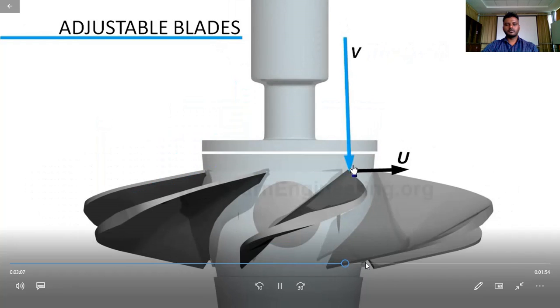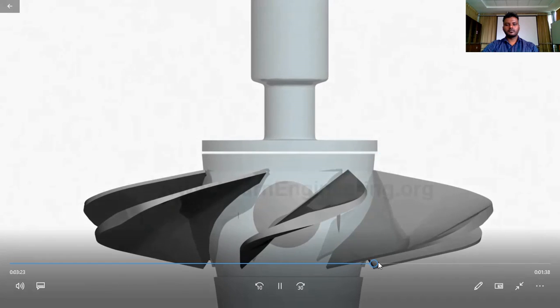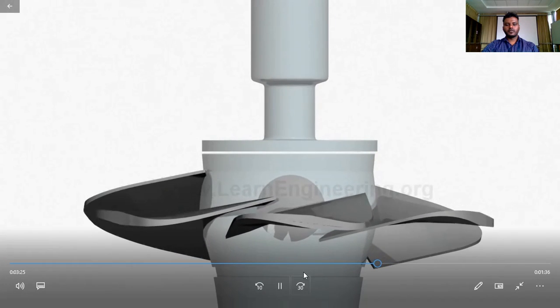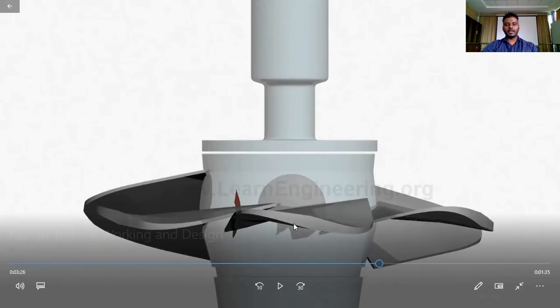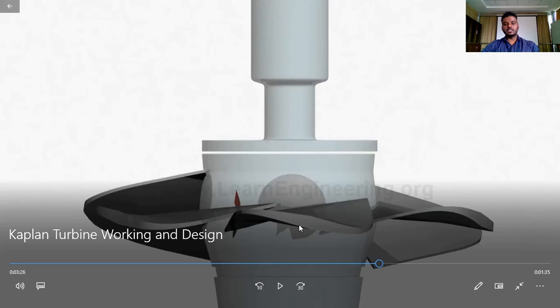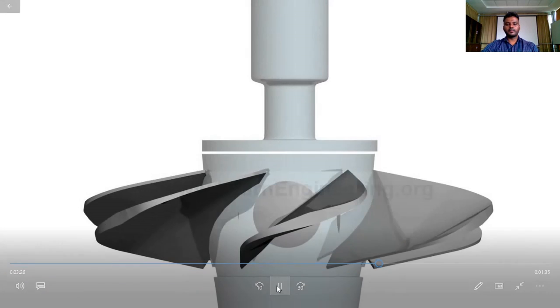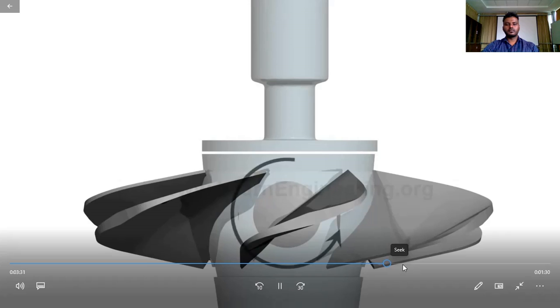You can notice that even the runner blades can be adjusted to have the optimum angle of attack, just to have maximum turbine efficiency. In short, the pitching action of the blade makes sure that the blade is still at the optimum angle of attack, even under varying flow.